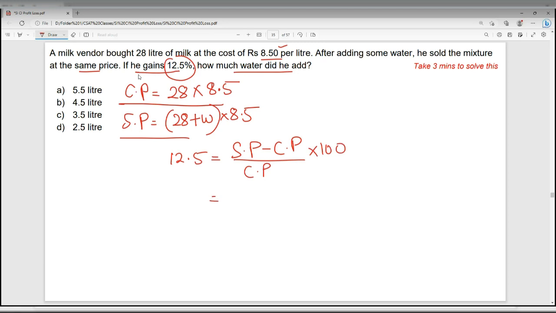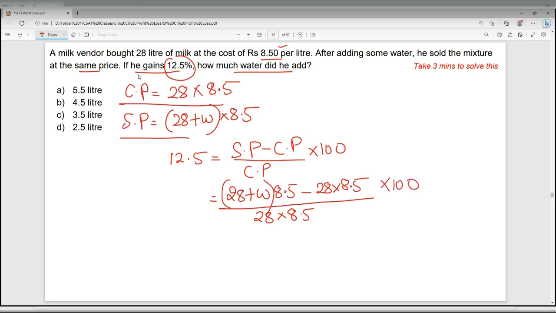Selling price was 28 plus W into 8.5, and his cost price was 28 into 8.5. So this is 28 into 8.5 into 100. I'll open this bracket here.